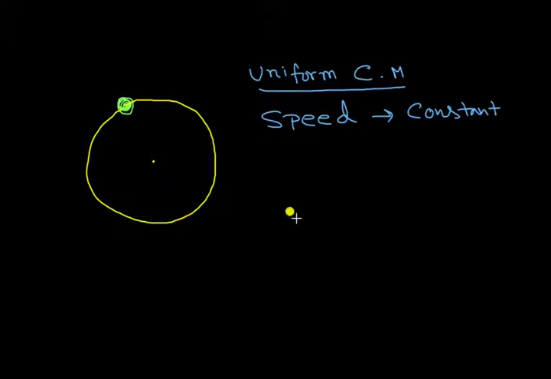Fine. This is already given. Now, what about the velocity? What about the velocity? See, velocity is a vector quantity. Speed is a scalar quantity, whereas velocity is a vector quantity.